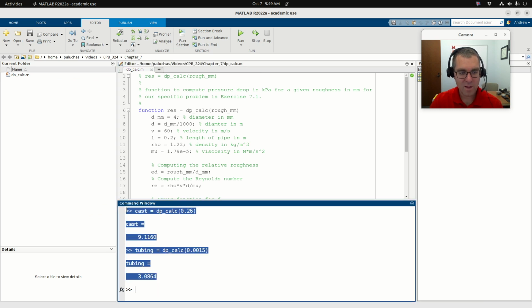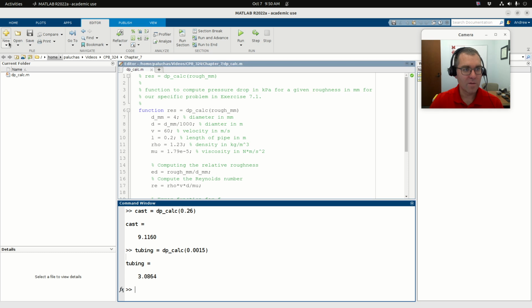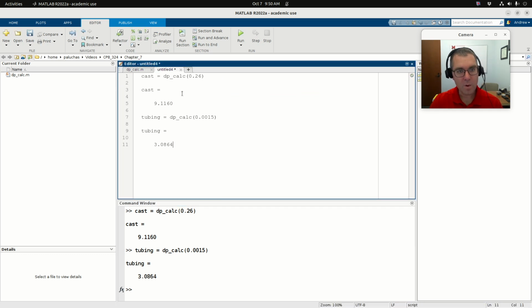Okay. Last thing then, in the habit of if this were, say, an exam, would be to create a script to demonstrate the working of our code. So maybe I have a script to compute pressure drop in kPa for our problem of interest. And then maybe this is case 1, cast iron with epsilon equal to 0.26, and that's millimeters.